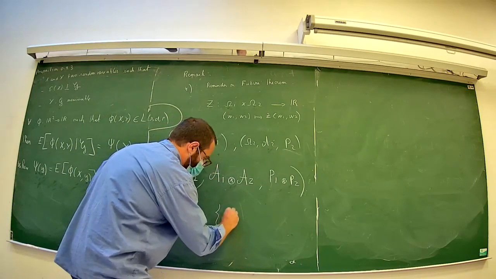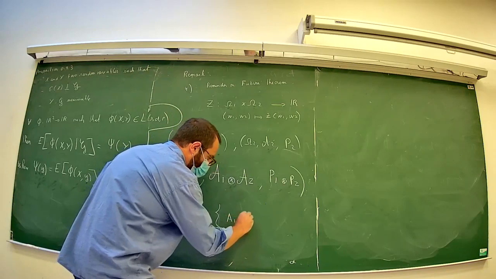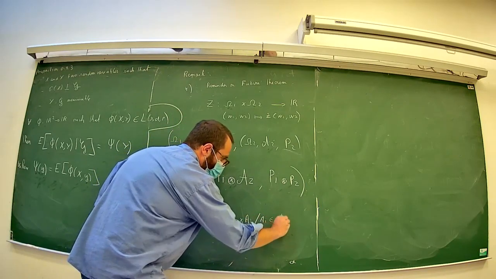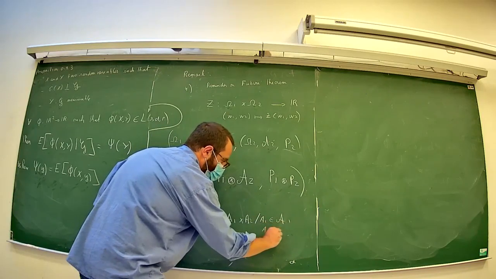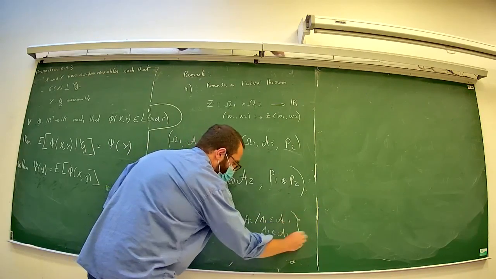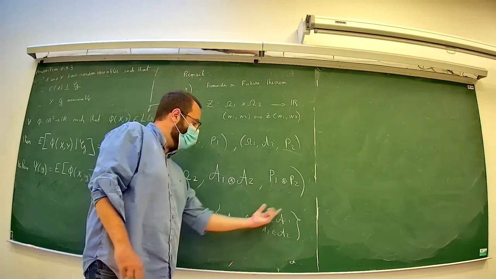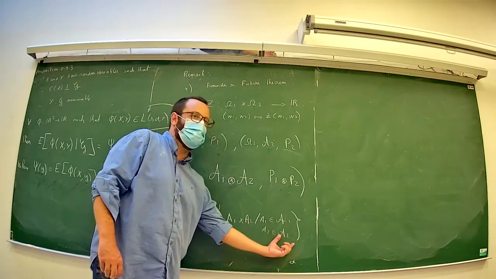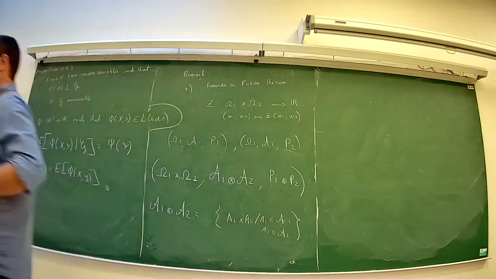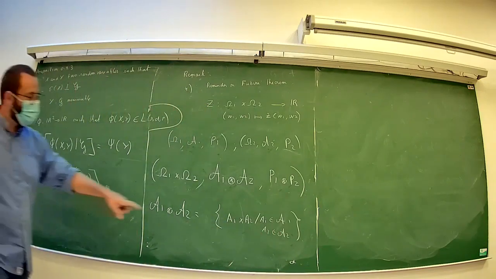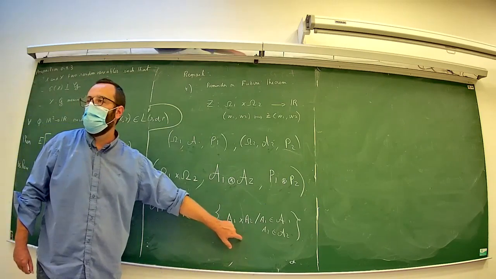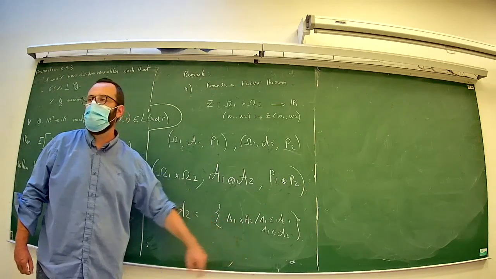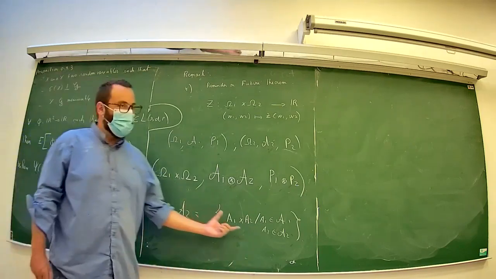Let's write them this way: A1 times A2 such that A1 belongs to calligraphic A1, A2 belongs to calligraphic A2. It's what we call a rectangle, having for first coordinate an element of A1, second coordinate an element of A2. But unfortunately, this one is not a sigma algebra. It is very easy to prove that sigma additivity is not fulfilled in this case. But the idea is not that bad.